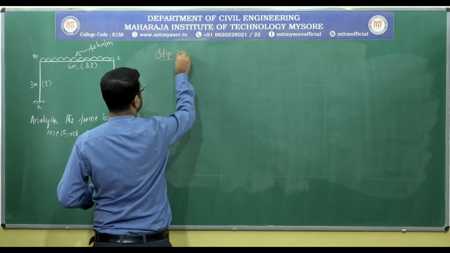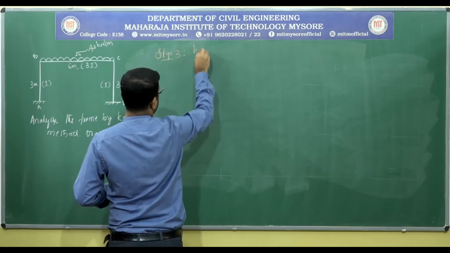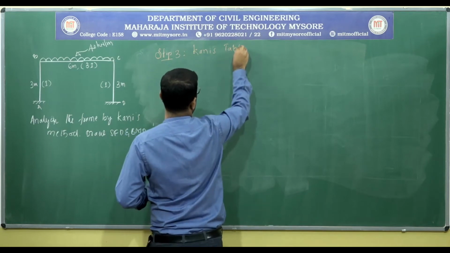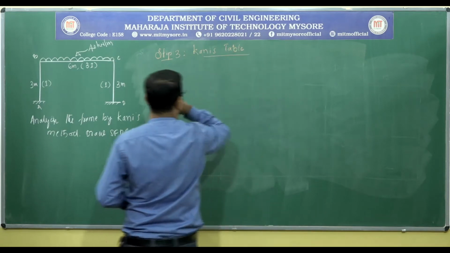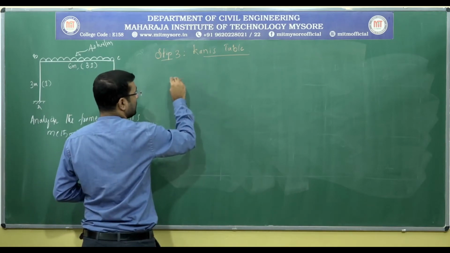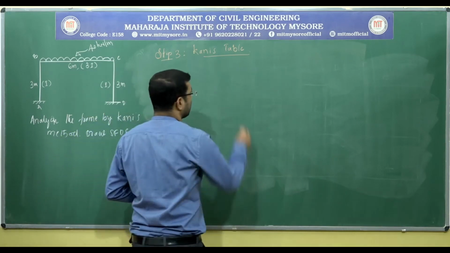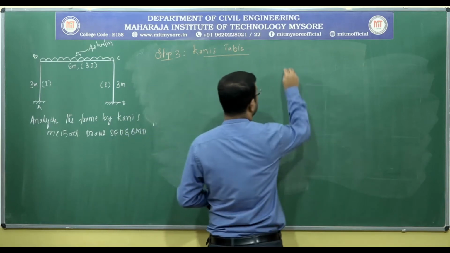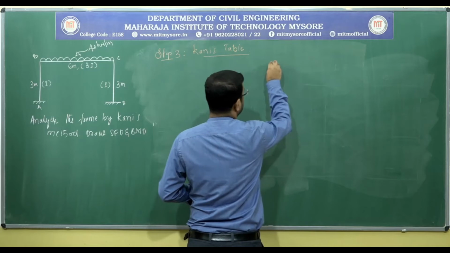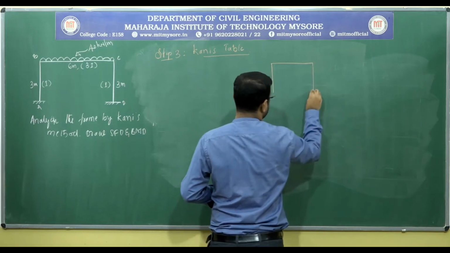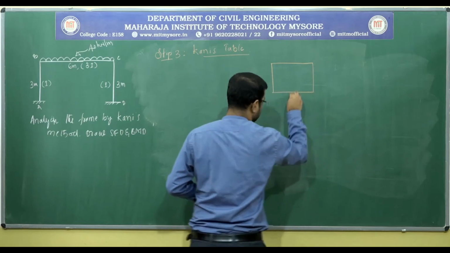Step number 3, Kani's table. Here I am going to represent the Kani's table as good as the frame, just replacing the joints by boxes.